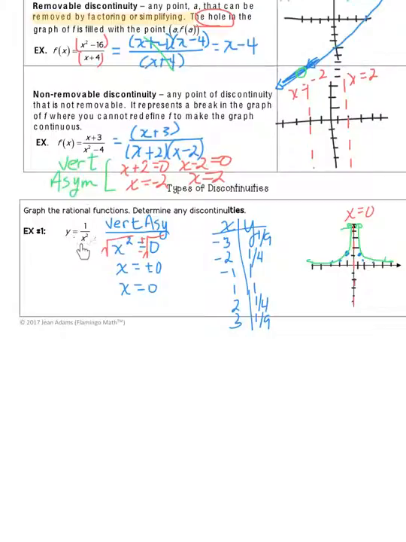So this has no possibility of becoming negative, as you see here. So that means that this right here must be a horizontal asymptote, y equals 0. So your horizontal asymptote is y equals 0. So there's your discontinuities right there.